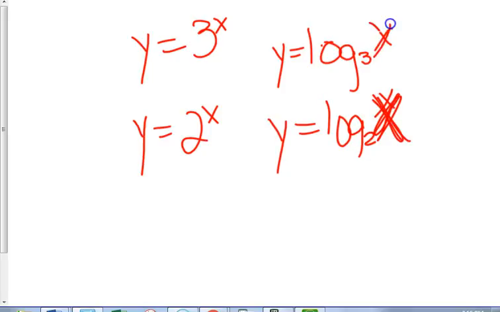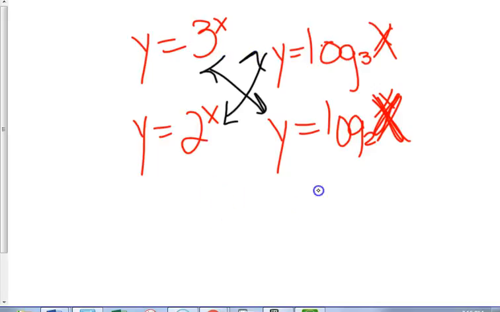Those are pretty much the ones that are going to be on there, because I am not going to ask 5 to the x, since then only one positive point fits on there. 5 to the first is 5, 5 to the second is 25, it's way off your graph. So I'm going to pick one of those probably right there. Actually, I can tell you, you're probably going to have either those two or those two.